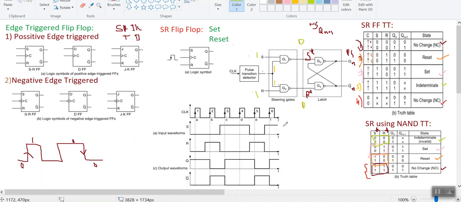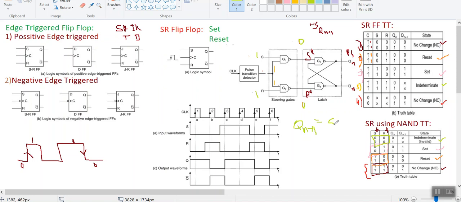Along with this we can also work with the expression format. In order to get the next state Qn plus 1, we have one NAND gate here with two inputs.